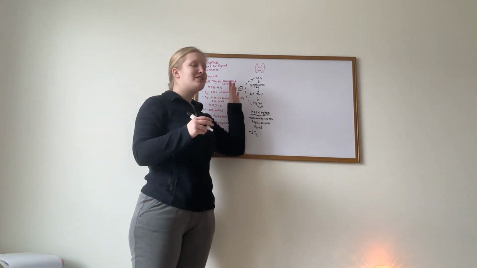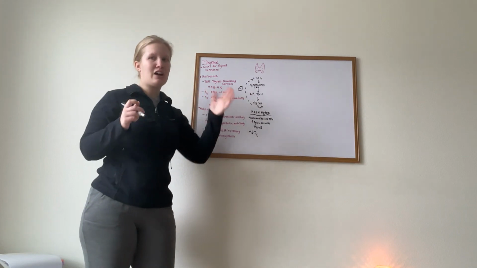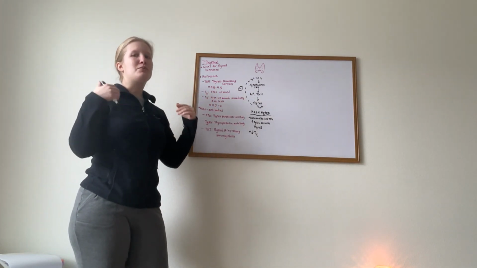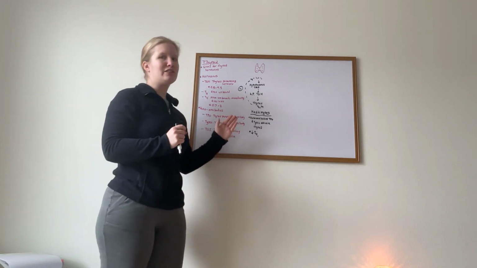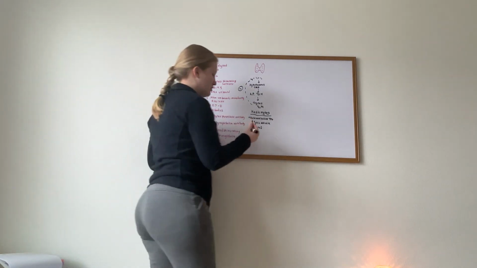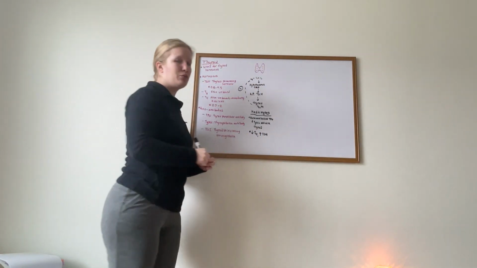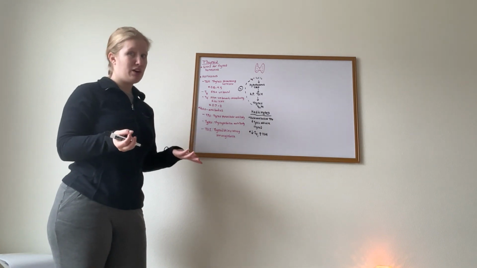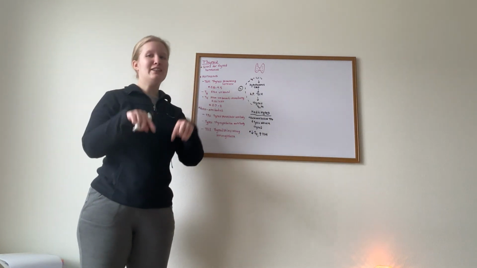Now, since it is a negative feedback loop, TSH, the thyroid stimulating hormone, is going to be high because it's trying to fix the problem of having low T4. So TSH will be elevated in hypothyroidism, but T4, the thyroid hormone, will be low.